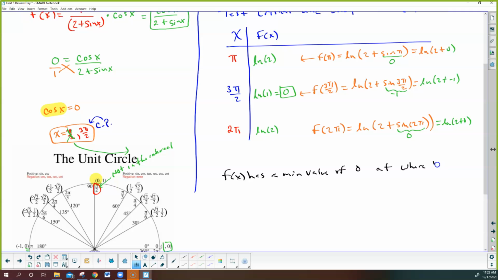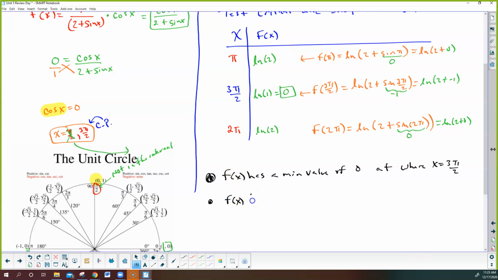At X equals 3 pi over 2. Even though they didn't ask you where it occurs, if you write it out, then you're basically guaranteed, if they're asking where it occurs or what it is, here you have both answers, so you'll always be right if you're not sure. So my advice is always write it out like this.